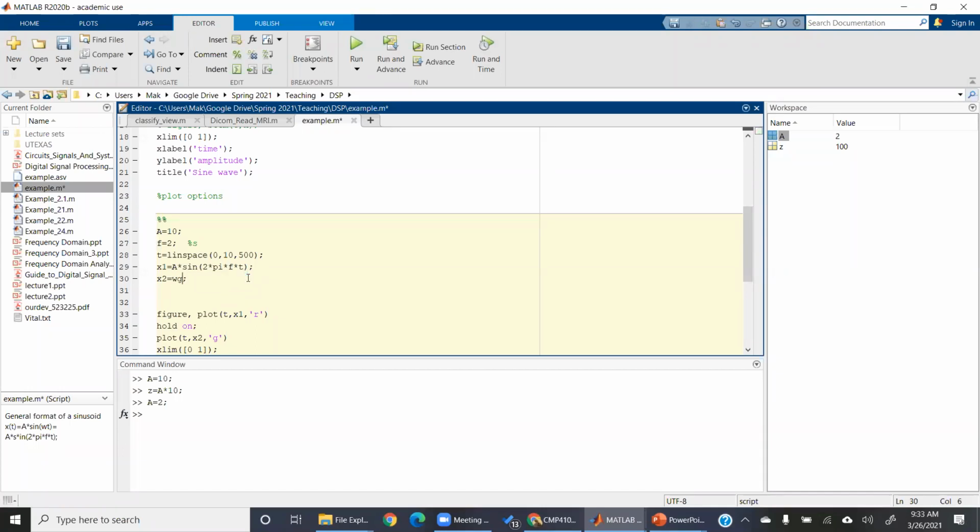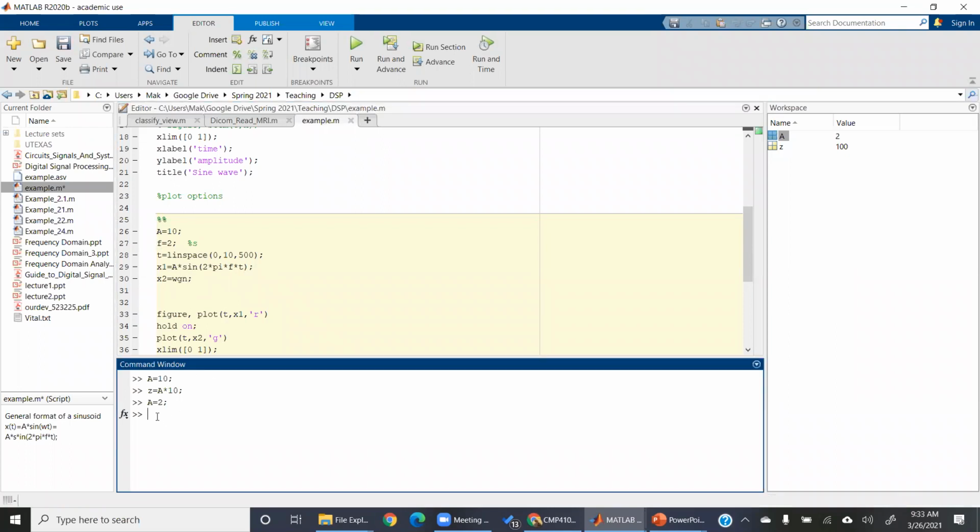X2. Oh, you guys know a thing or two about noise, right? So I'm going to generate what I call white Gaussian noise. And by the way, if I give you an exercise and say, generate a white Gaussian signal, all you have to do is go to Google and look up, generate white Gaussian noise in Matlab, and the function will be given to you, and you will even have an example. So these things are not rocket science.